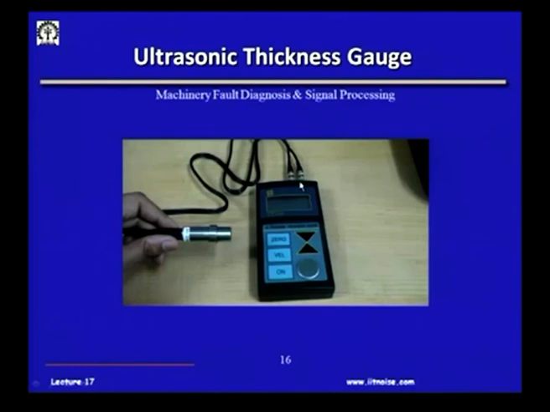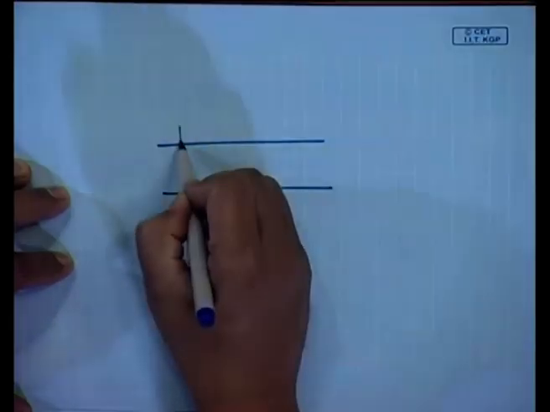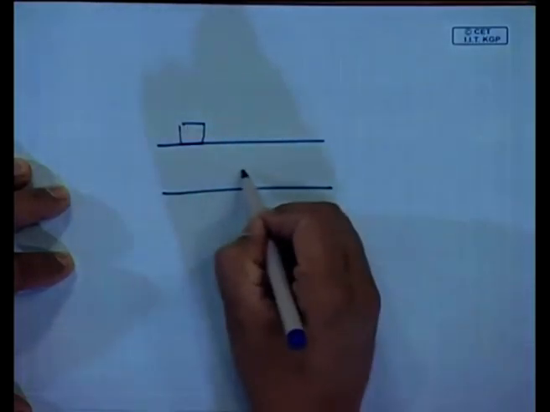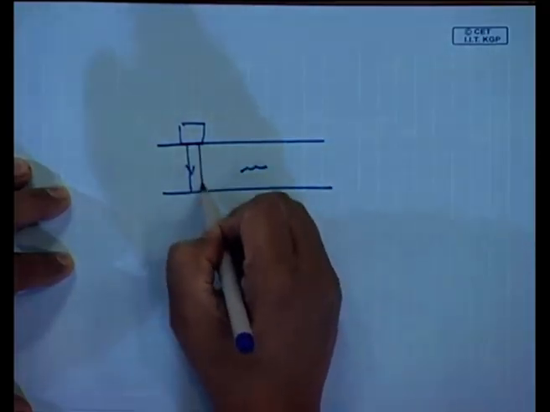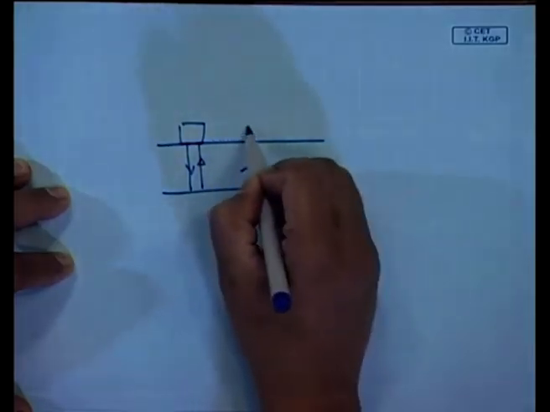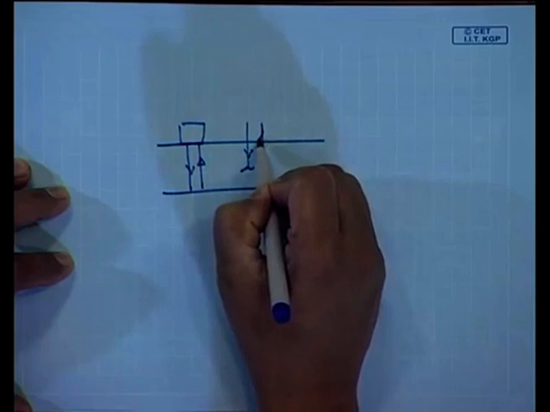By knowing the time difference, and because the speed of the ultrasonic wave in the medium is set here, you know how much time it should take to cover a certain distance. If you are scanning this probe on the surface and there is a defect here, every time it is going to be incident and reflected, but once it comes here, it is going to be incident and reflected.